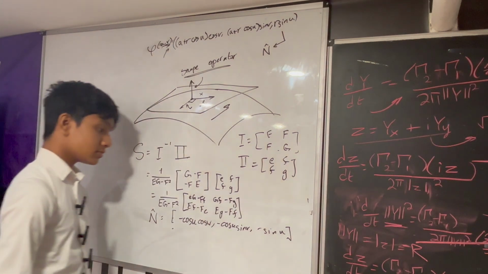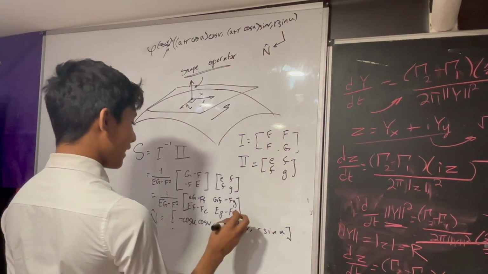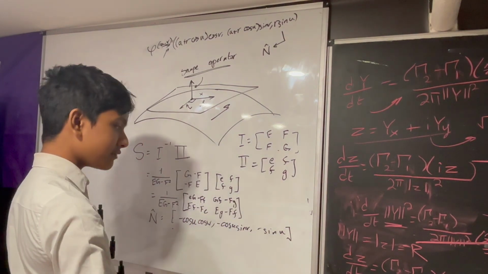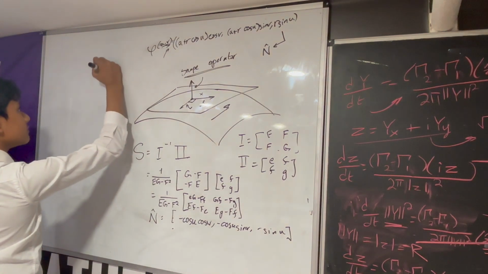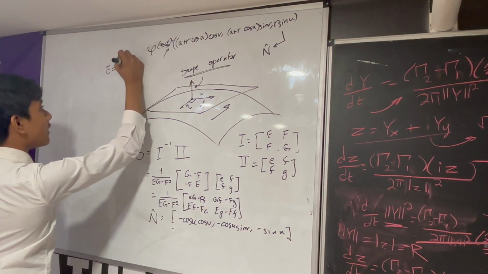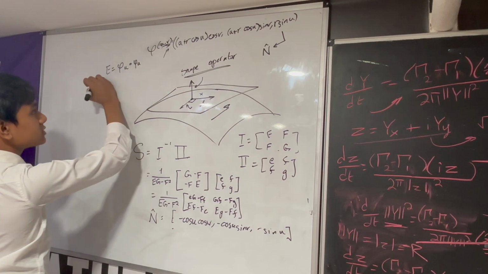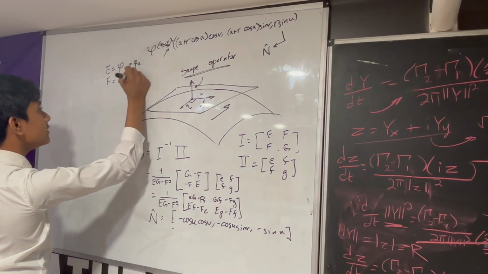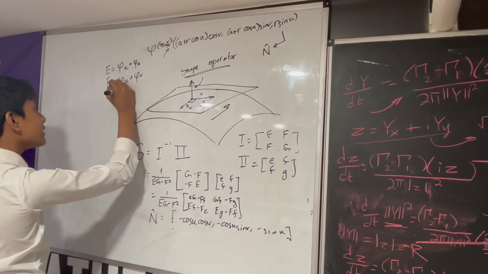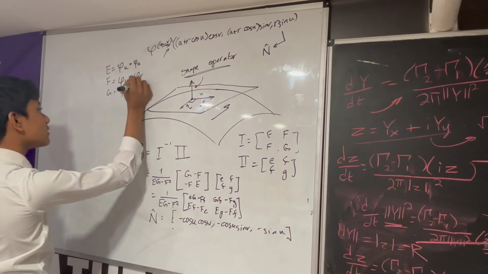Okay, great. So what are E, F, G, and little e, little f, and little g? Well, E is phi u dot phi u. I probably shouldn't have erased them. F is phi u dot phi v. G is phi v dot phi v.